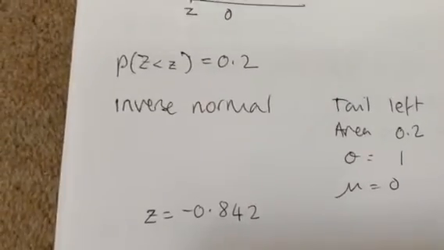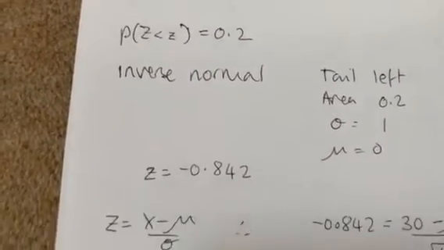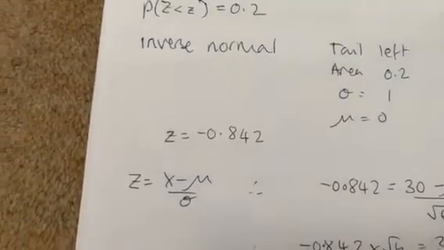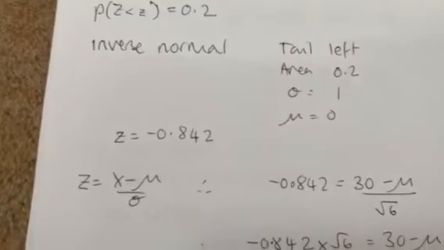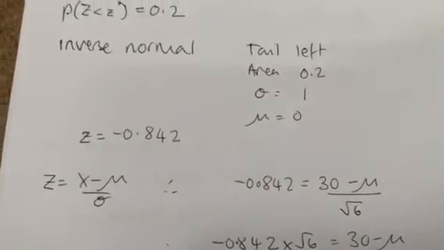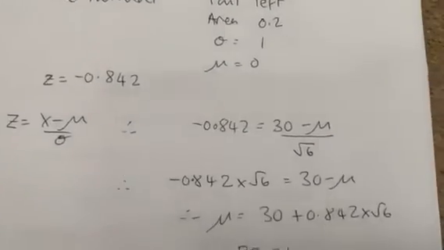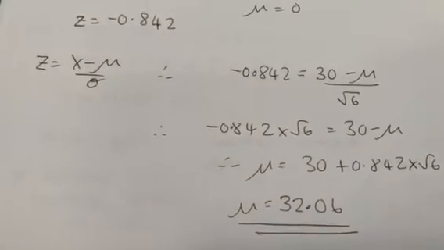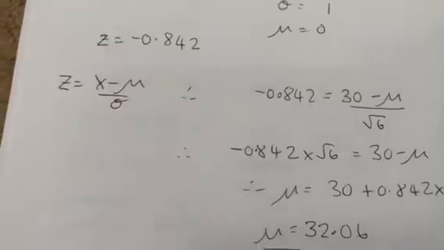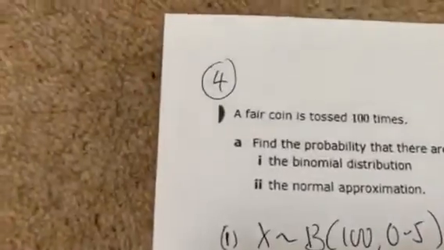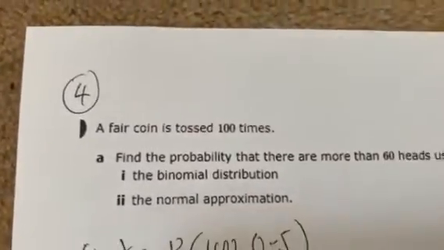So my Z value is minus 0.842. That's how I calculate my standard normal value of Z. So substitute your values in, rearrange, and I've got mu is 32.06.